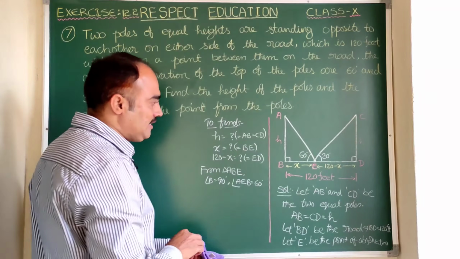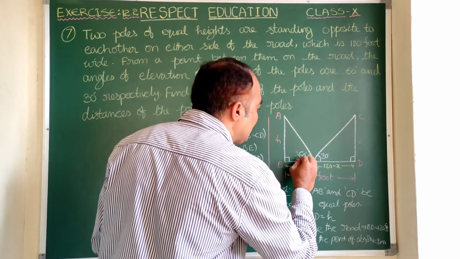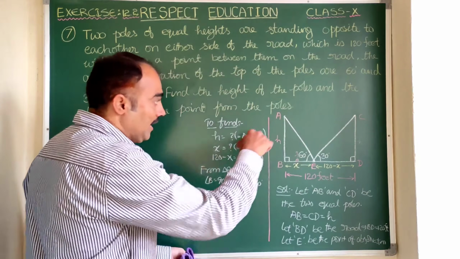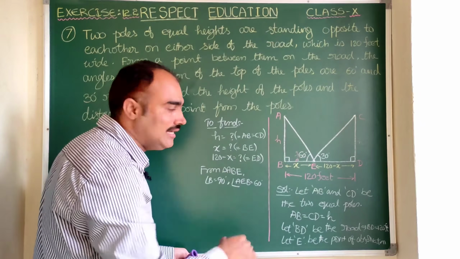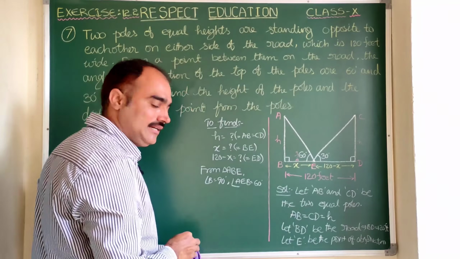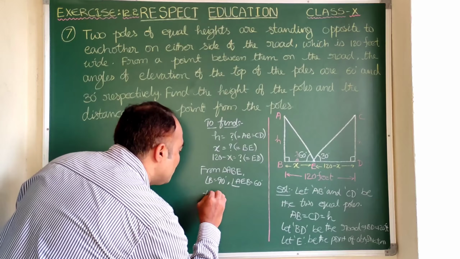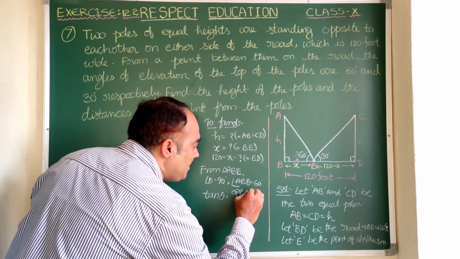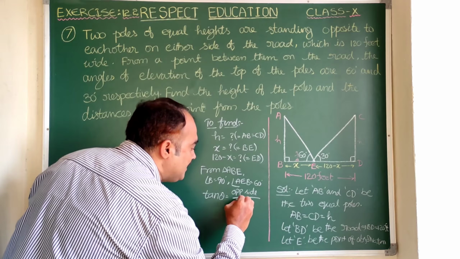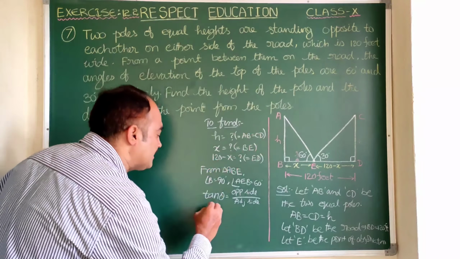You just imagine that we are standing at 60 degrees, so AB is the opposite side to the 60 degrees and BE is the adjacent side. So here let us apply tan theta. Tan theta is equal to opposite side to theta by adjacent side to theta. Here the theta is 60 degrees.